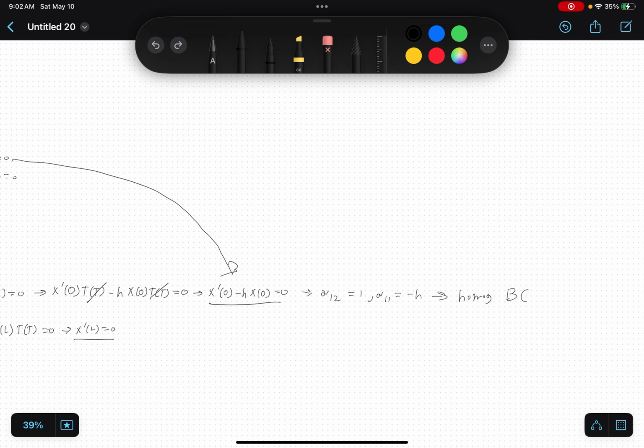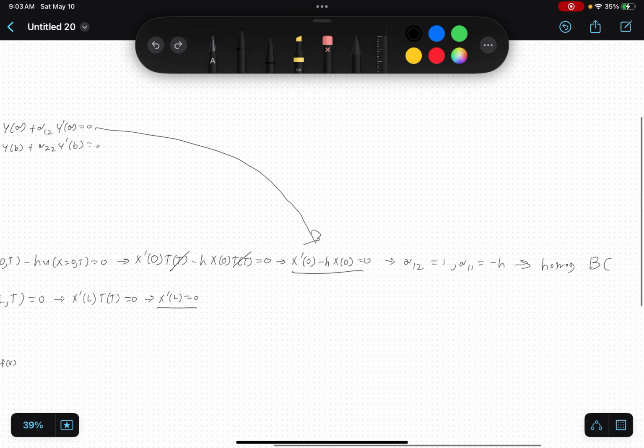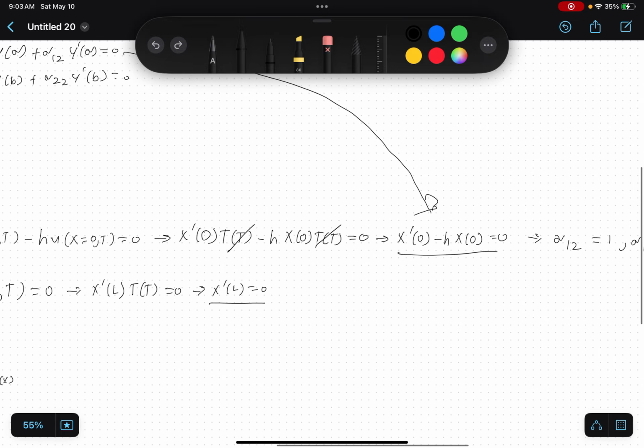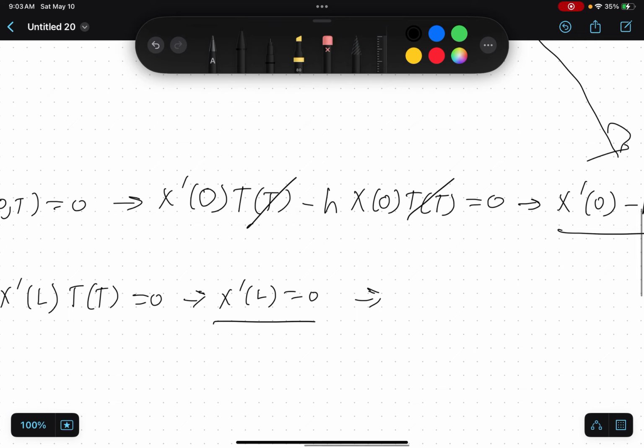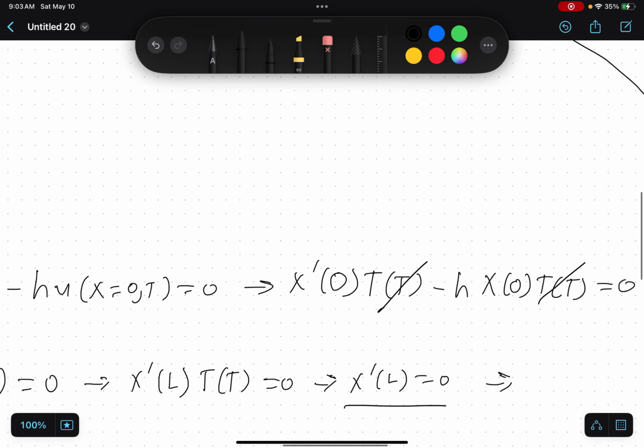I think as long as they're not functions of x or t, it's a homogeneous boundary condition. But don't take my word for that. But this is why I said it was homogeneous. And same thing here.